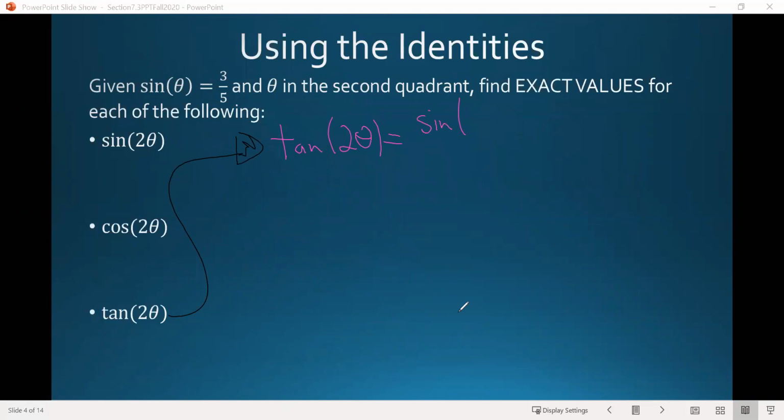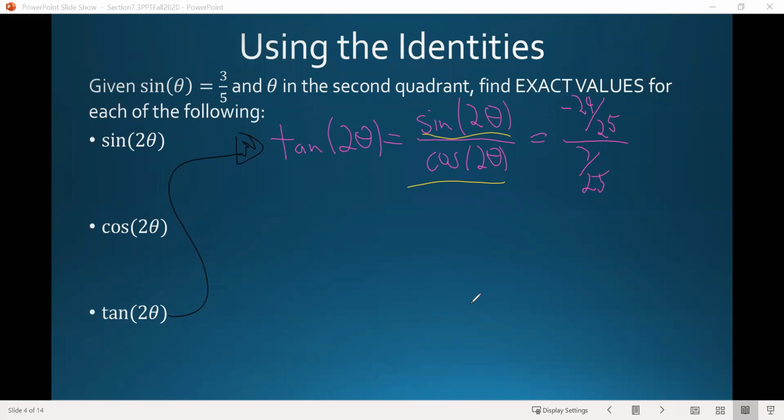So tangent of 2 theta, we can write as sine of 2 theta over cosine of 2 theta. And we just calculated both of those values, right? We know the sine of 2 theta, we know the cosine of 2 theta, so we can plug those values in. So we will have negative 24/25 divided by 7/25.